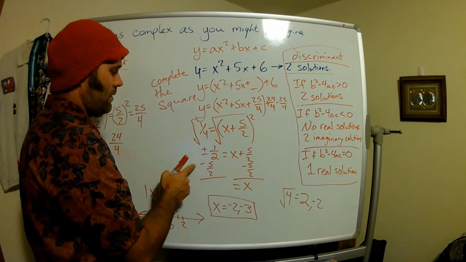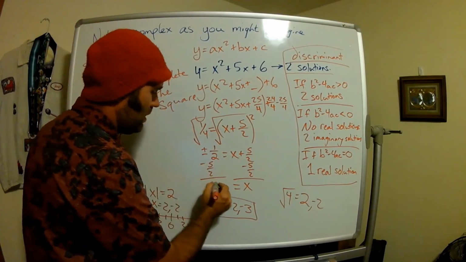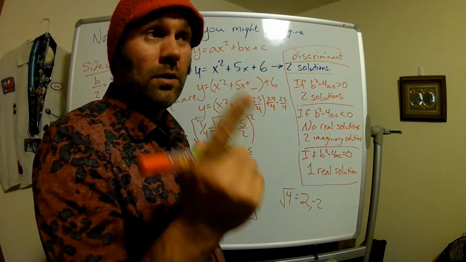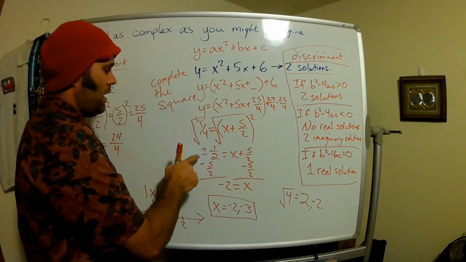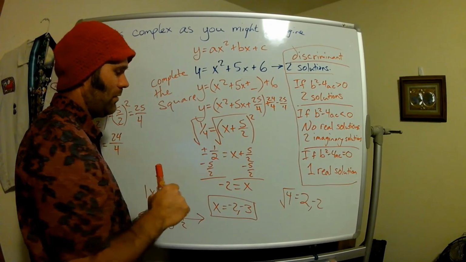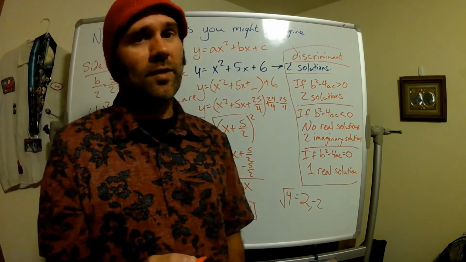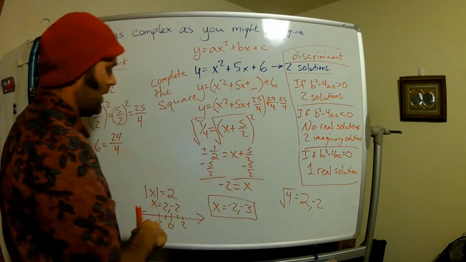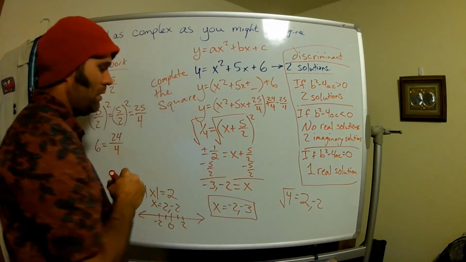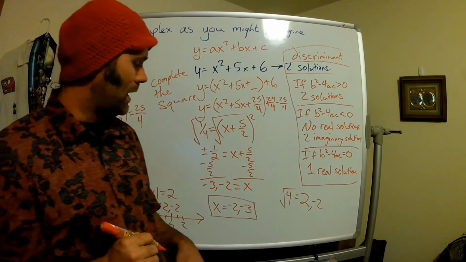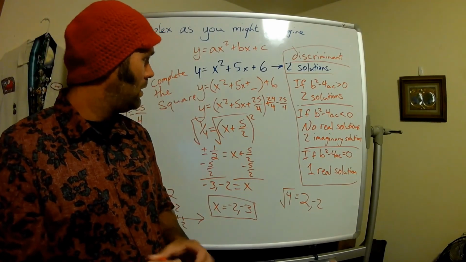Positive 1/2 minus 5/2 is negative 4/2. Negative 4 divided by 2 is negative 2. Negative 1/2 minus 5/2 is negative 6/2. And negative 6 divided by 2 is negative 3. So we get the same 2 answers, negative 3 and negative 2.